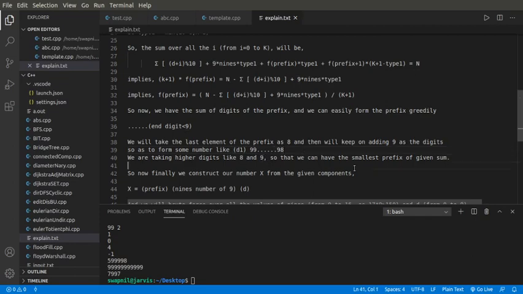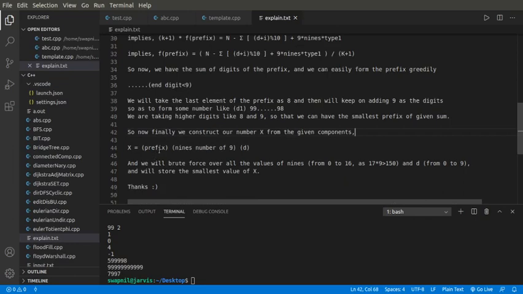Okay, so now finally we will construct our number x, which is my answer, and that particular x is the prefix which we have constructed over here, then the number of 9s, and the end digit d.